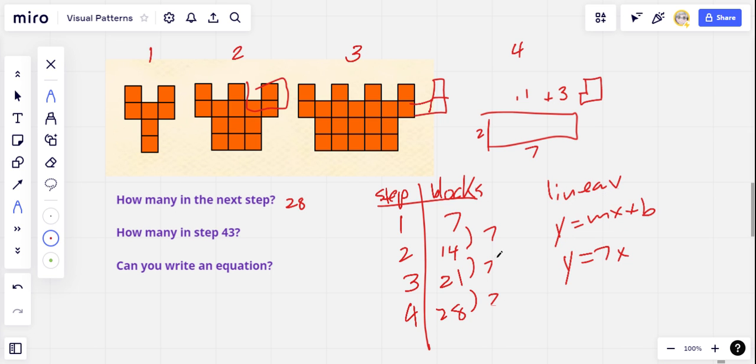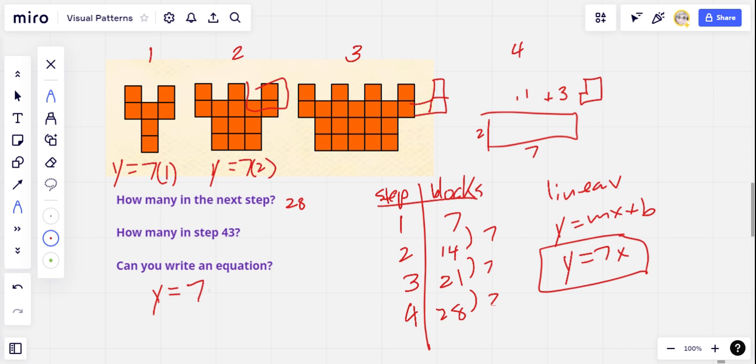But I don't think we need it, because 7 times 1 would be 7, right? So if we applied this formula, y equals 7 times the step number, x is the step number, 7 times 1 would be 7. That's how many there are. Here would be y equals 7 times step 2. That's how many there are. There are 14 blocks there. So I think our equation is as simple as that.